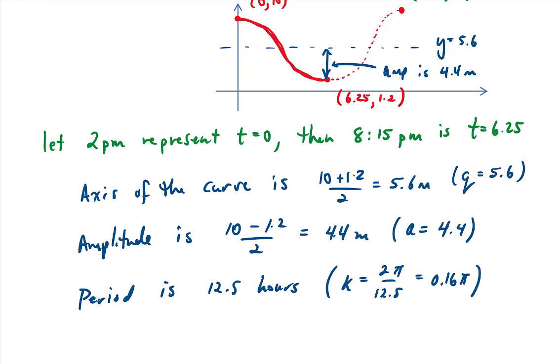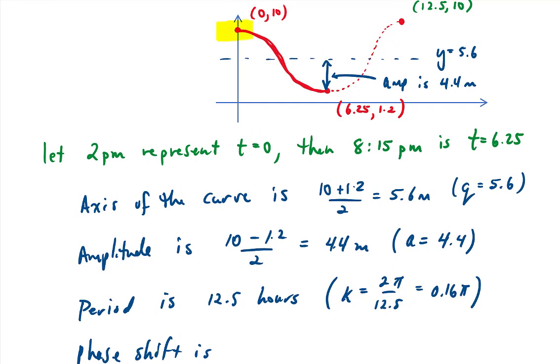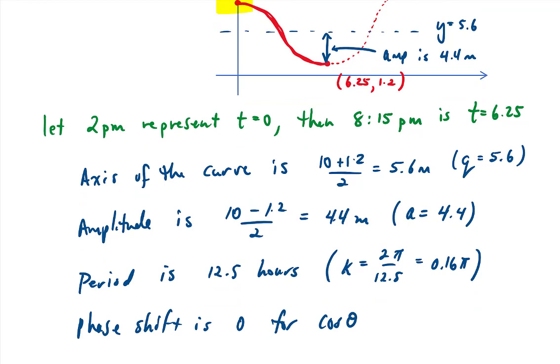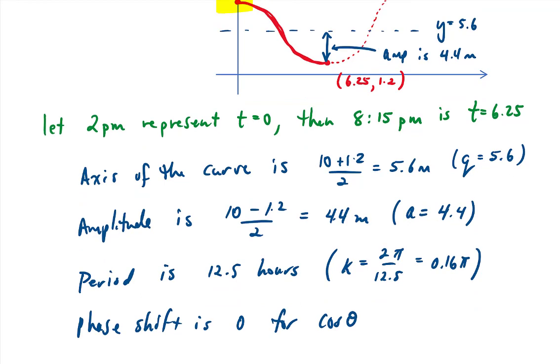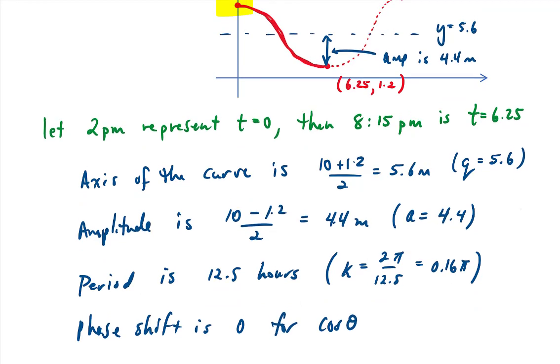And finally, we need to determine our phase shift. Our phase shift depends on which function we're using, sine or cosine. If we are using cosine, we see our graph already starts at the maximum, so we would have a phase shift of 0. If we plan on using sine, we need to determine the value for our phase shift.